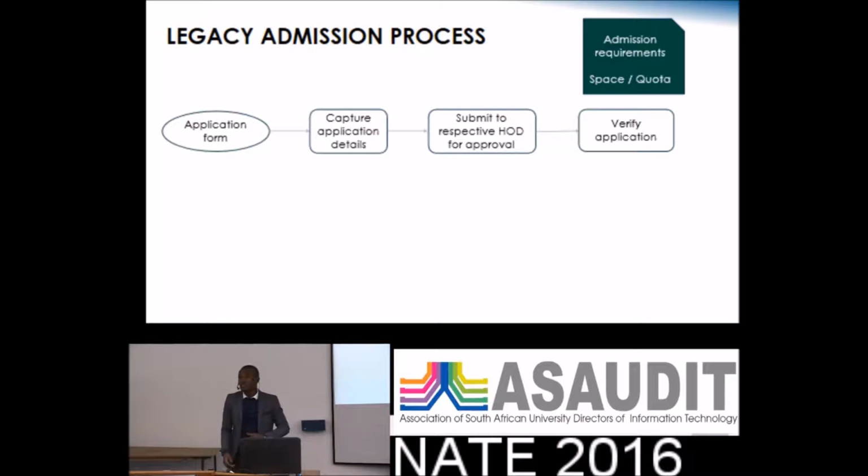If they do meet the minimum requirements and we're still having space, the student will be approved or rejected based on that. So that will be the process as such.